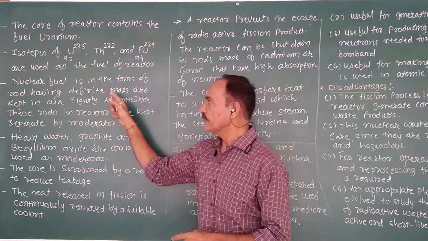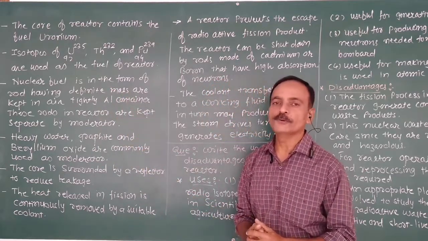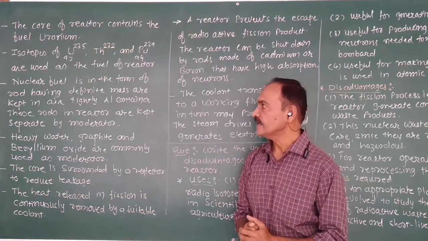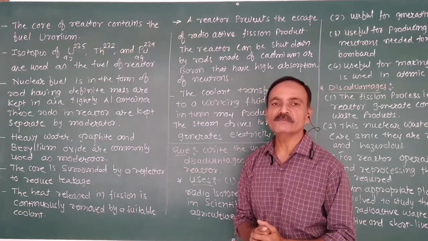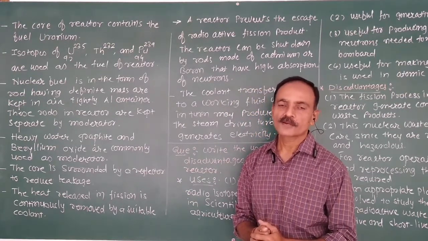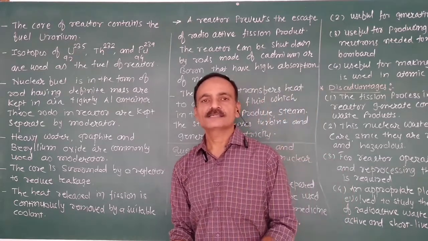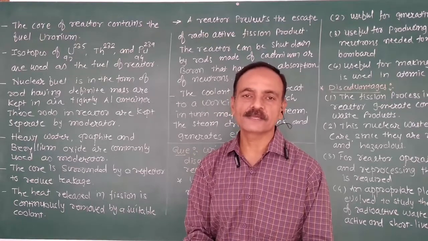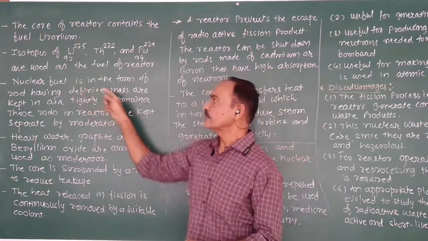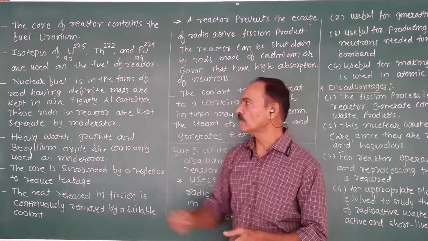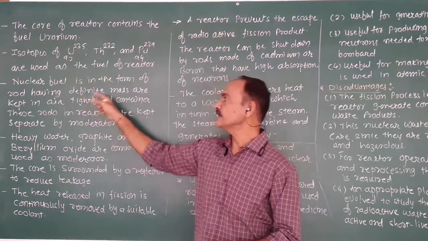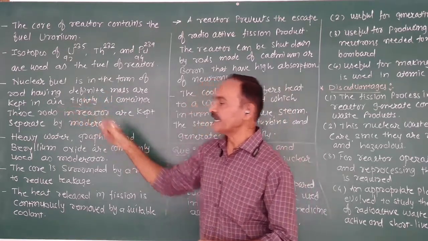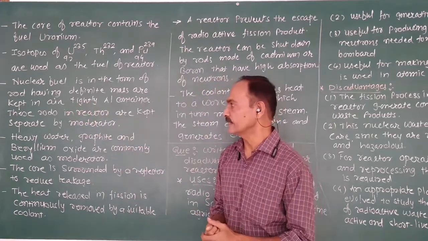Now, the nuclear fuel is in the form of rods having a definite mass, kept in airtight aluminum containers. Not directly in a core. The bunch of the fuel of the reactor is filled. But here, the nuclear fuel is in the form of rods having a definite mass, kept in airtight aluminum containers.